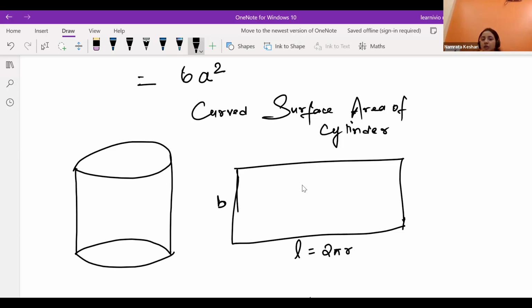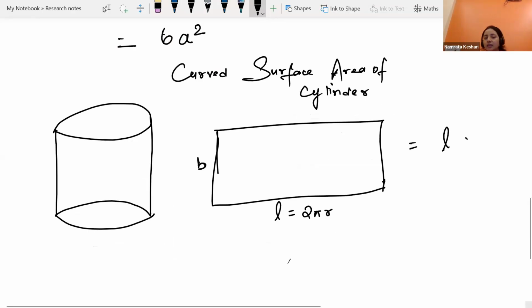That means curved surface area will be length into breadth, the area of this rectangular sheet, because that only we are using to make the curved surface area. So the area of the rectangle we will find, and we will say that is the curved surface area of the cylinder.